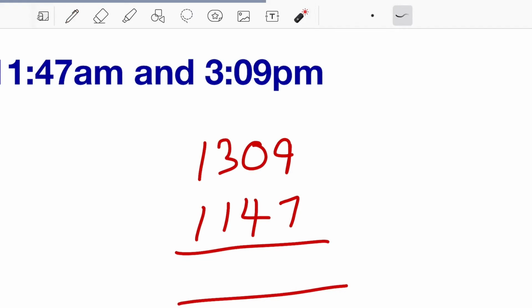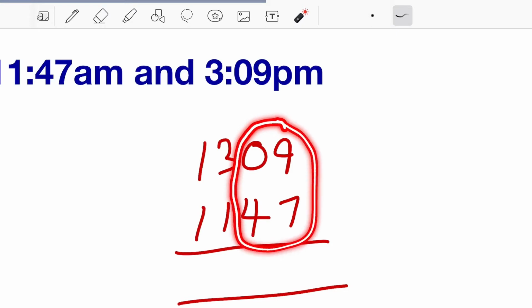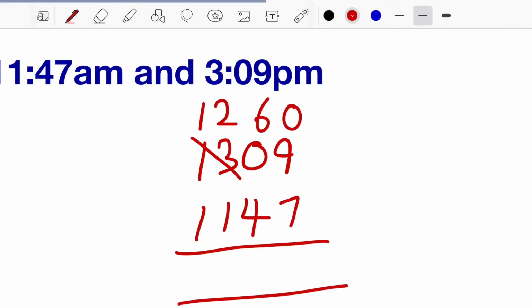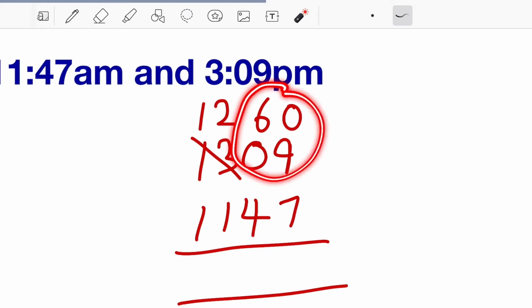So we still need to look at the minute time separately. So can 9 take away 47? No. So we need to borrow from the hour. So we bring across 60. 60 plus 9 is 69.